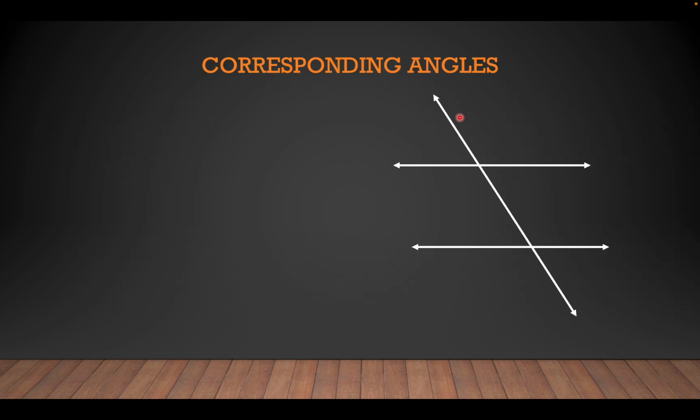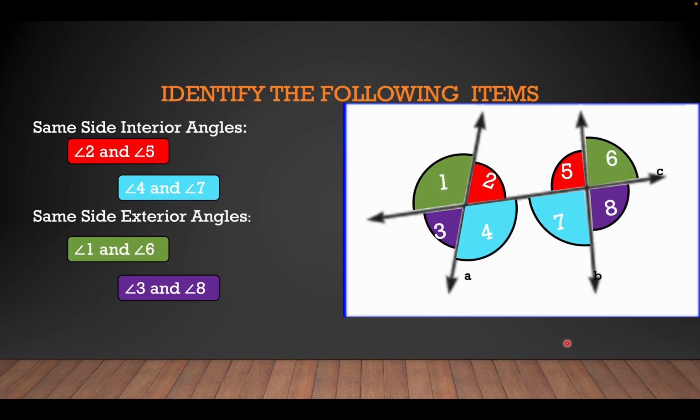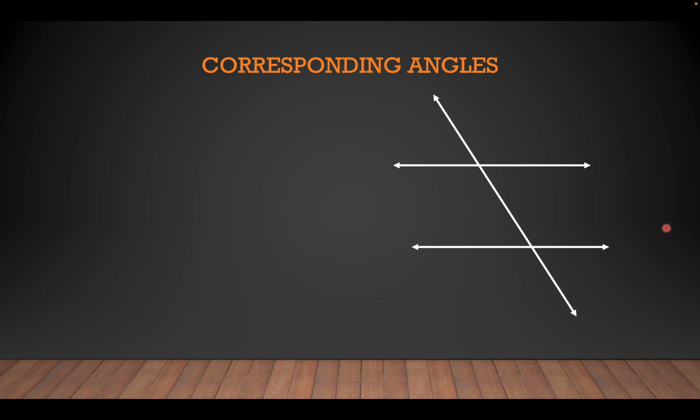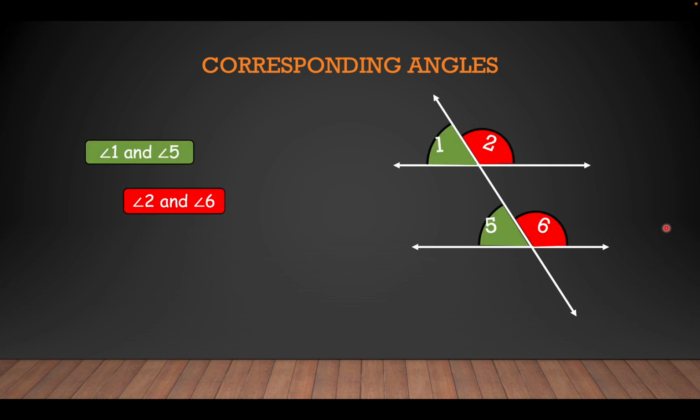Sometimes our diagram could be two horizontal lines and our transversal is vertical. In the earlier figure, we had two vertical lines and the transversal was horizontal. But in this case, our angles still match up the same: 1 and 5, 2 and 6, 3 and 7, and 4 and 8.